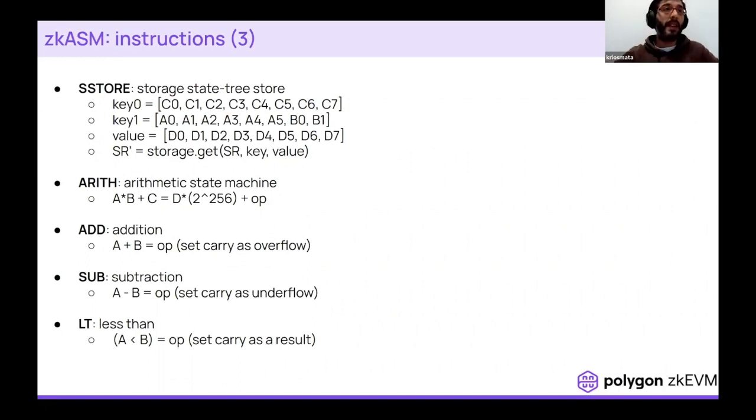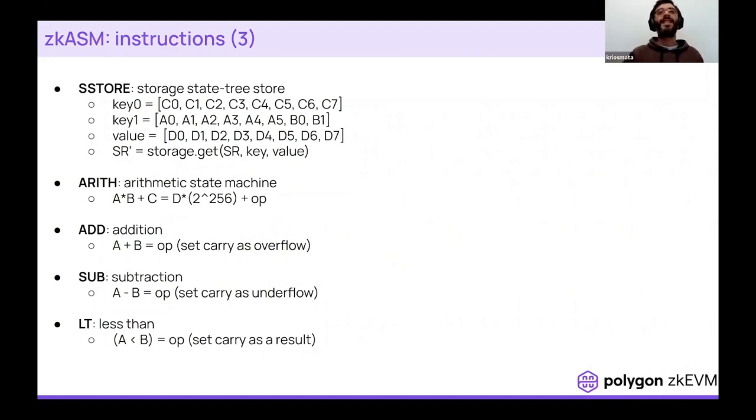The next state machines are subtraction and less than. Basically, they trigger the binary state machine. As you remember from the previous talks, the binary state machine takes two registers and compares the result to the intermediate value.